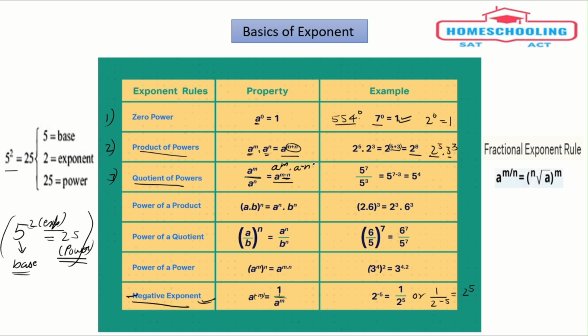Here it was n, so it will be a to the power minus n. So we can use the product rule here: a to the power m plus minus n, so this would be a to the power m minus n. So you can derive this quotient of power rule from these two rules, negative exponent and product of power.